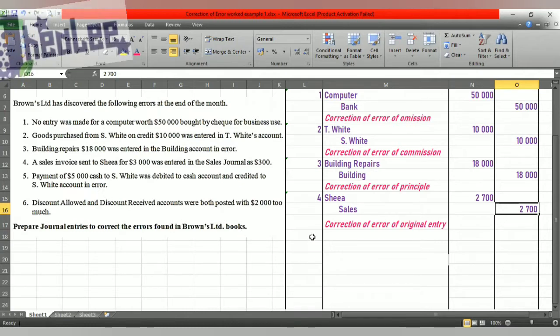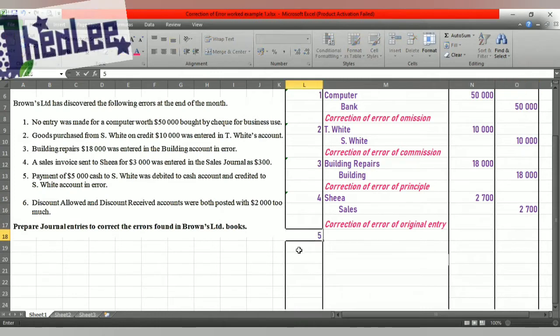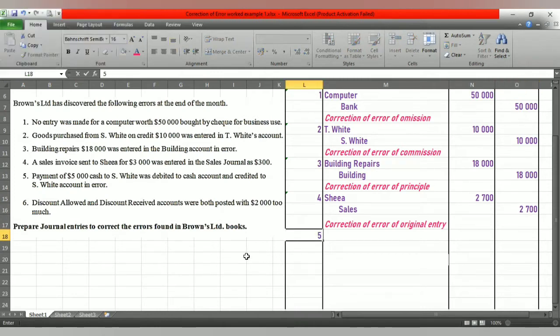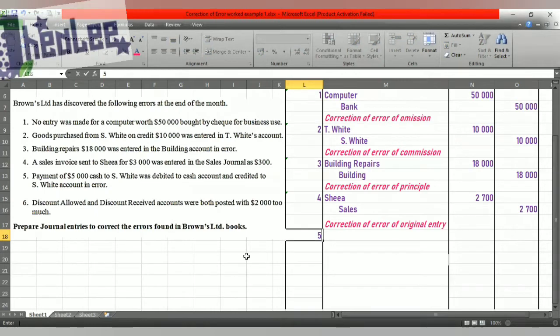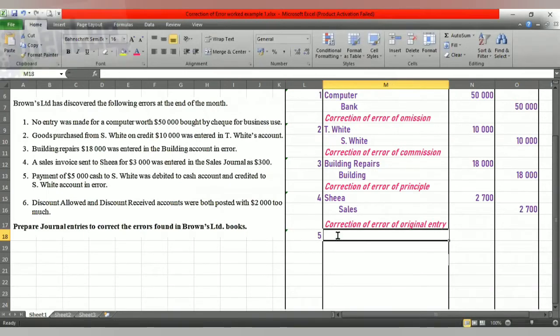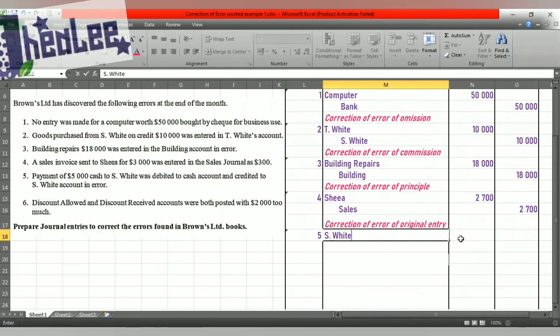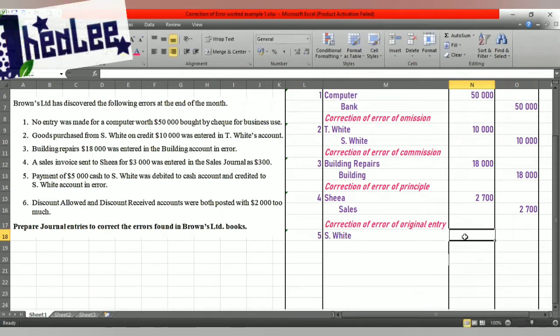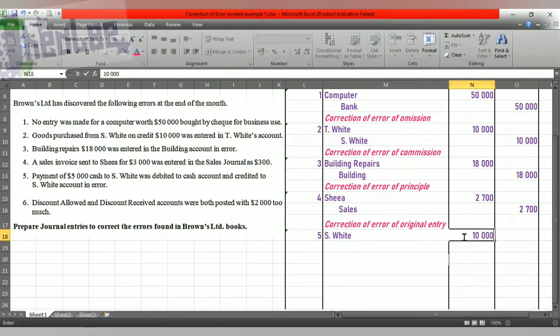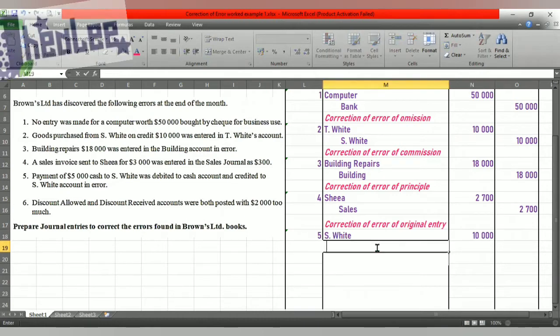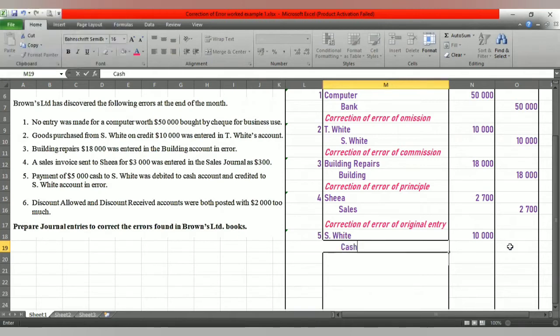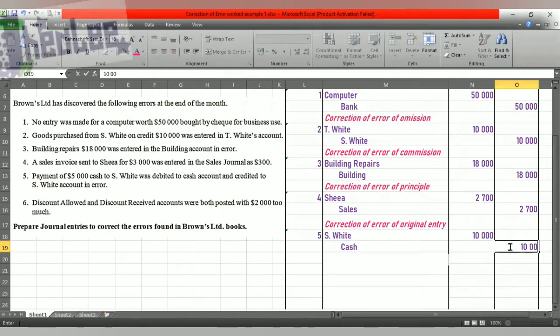What do we do in correcting a reversal of entry? All we need to do is place the entry on the opposite side and double the amount. So we need to reverse that entry and double the amount. So the account to be debited would be S. White, and that amount is 10,000, because remember you have to double the amount, and the account to be credited is our cash account because there's a reduction, but we have to double the amount.